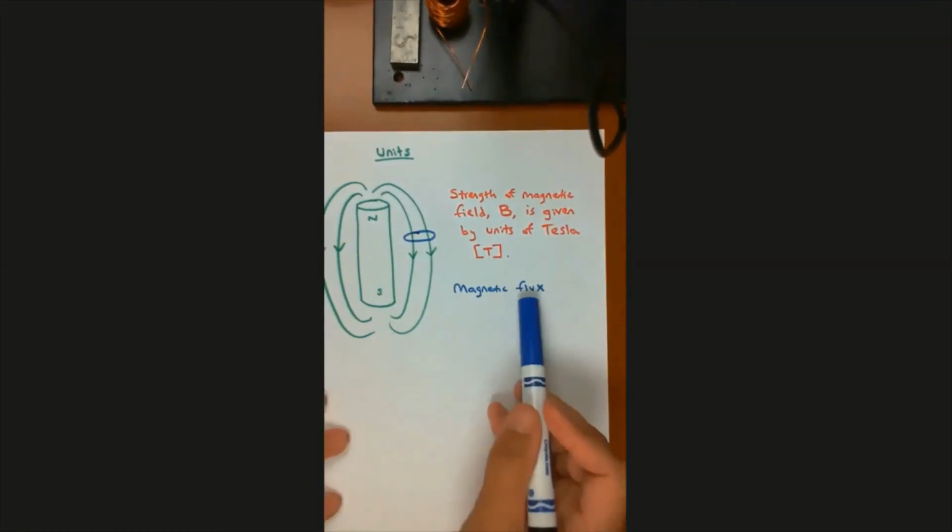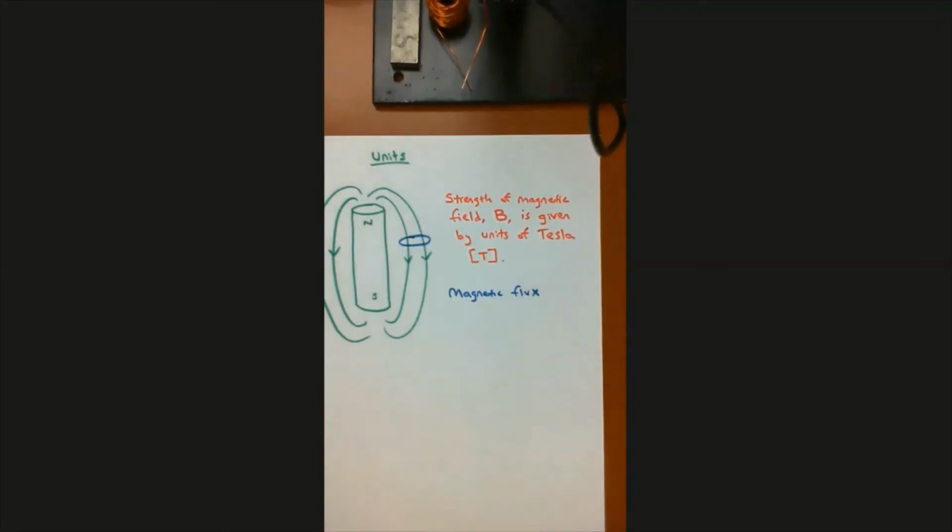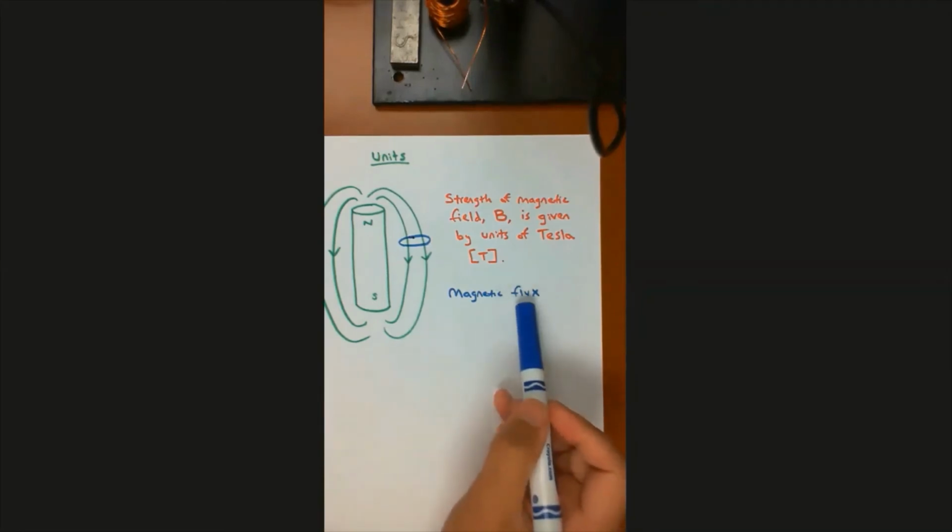All right, flux in general, flux of anything, means the amount of something going through something else. Like, I don't know if the movie Back to the Future is too old. I don't know how many of you have seen Back to the Future, but one of the famous things in that movie was the flux capacitor. That was an important part of the car in Back to the Future.